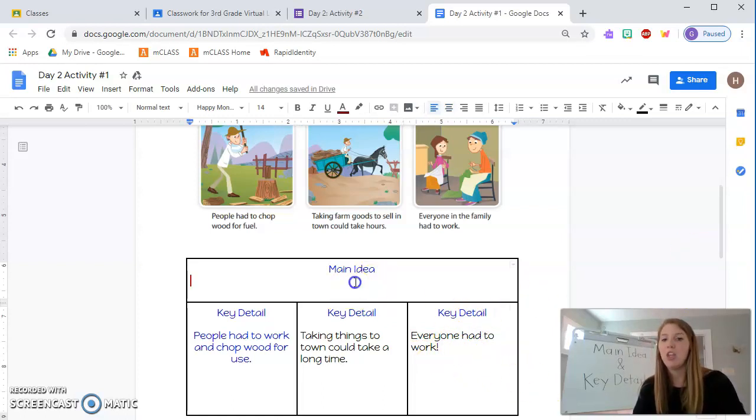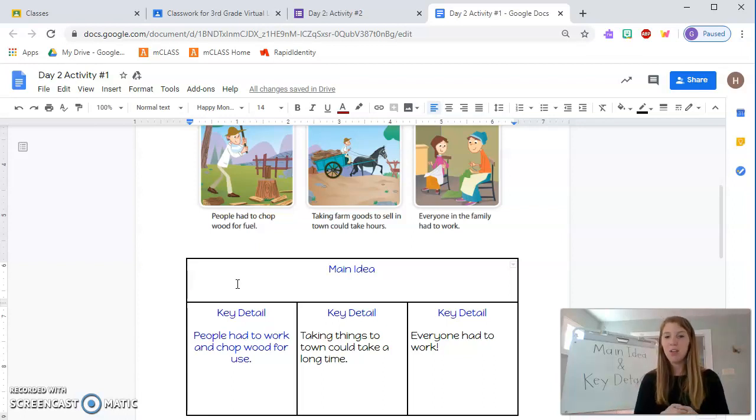So I want you to think, what are we concluding about the American colonies and life there? All of my details have something in common. I want you to pause the video, so I'm not going to give you the answer, and I want you to put what you think all of these details have in common about how life was in the American colonies. All right, so I'm going to put that basically life was kind of hard.